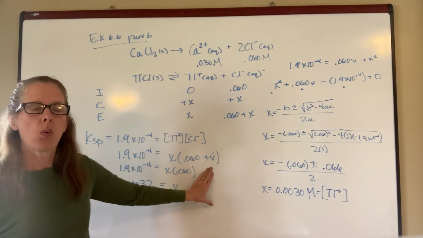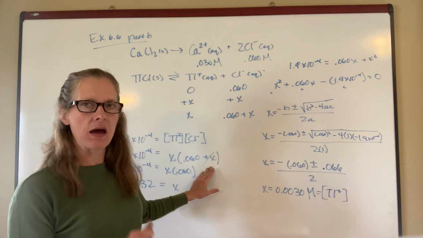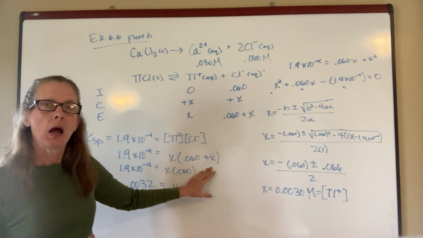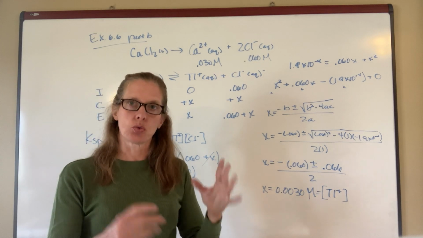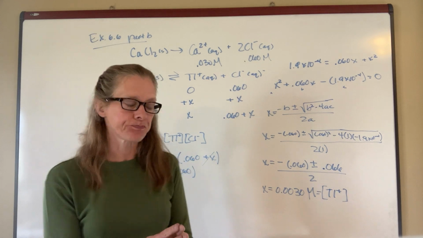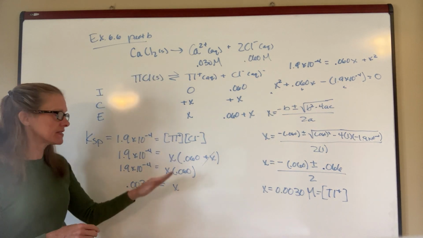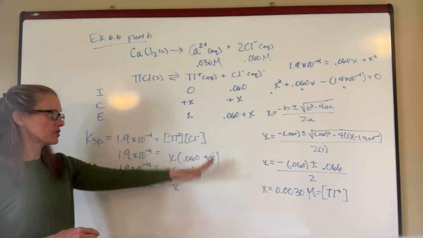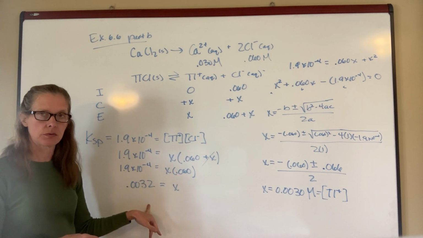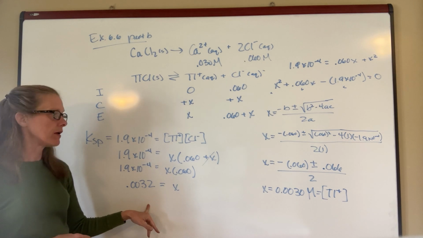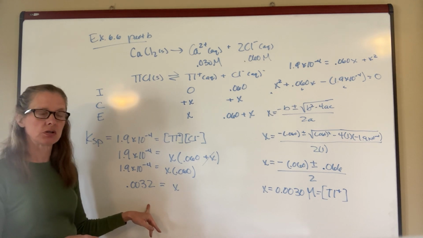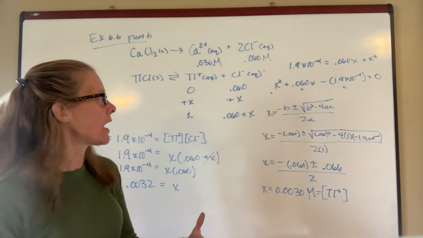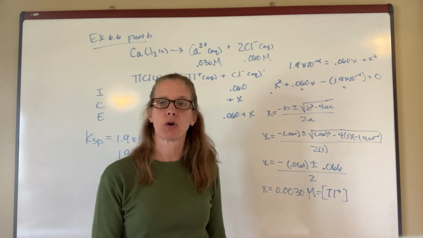Ask yourself, what assumption am I making? Can I make that assumption? What does x have to be smaller than in order for that assumption to be okay? If x is okay and you can just knock that out, then solving this equation is easy. If your simplifying assumption is not okay, then you're going to have to go through and use the quadratic formula.